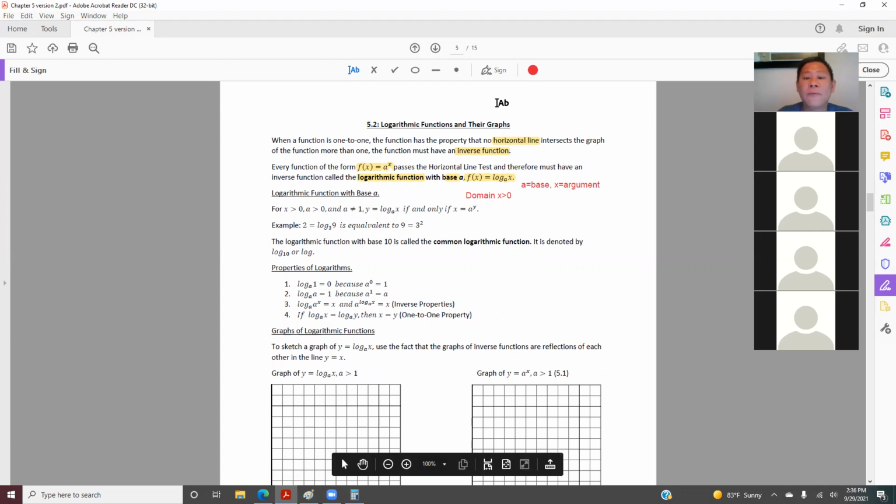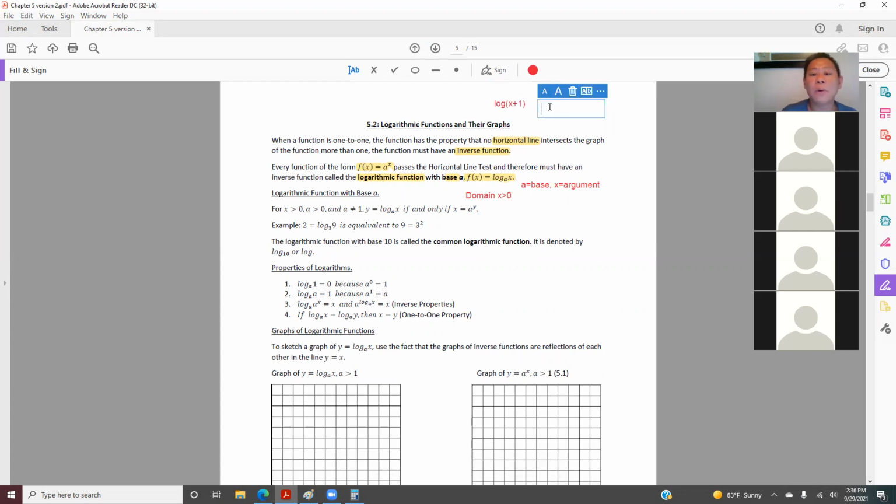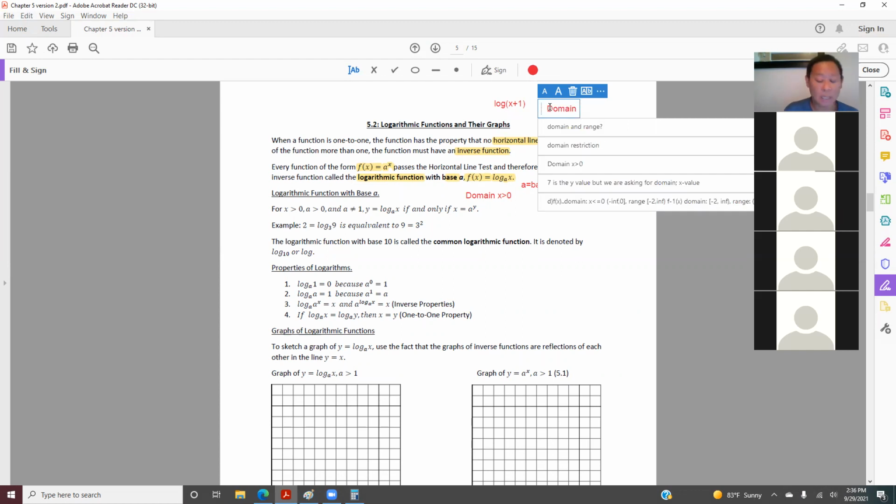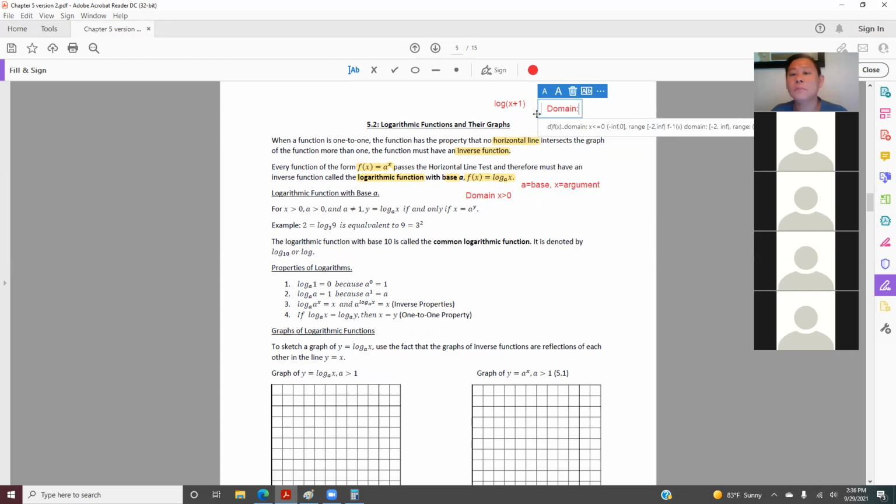For example, if I give you log(x + 1), can you tell me what is your domain in this case? If I give you this, what's the domain for this? So what you do is you take what is inside the parentheses, x + 1, and you make it greater than 0. And you solve for x.